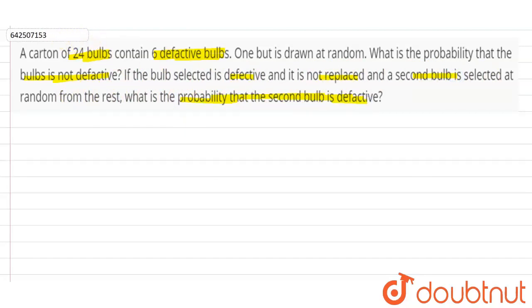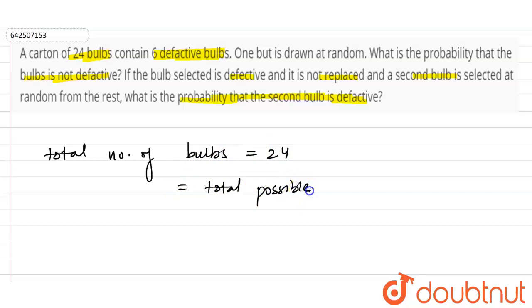Okay, so total number of bulbs is equal to 24, which is equal to total possible outcomes for case 1.